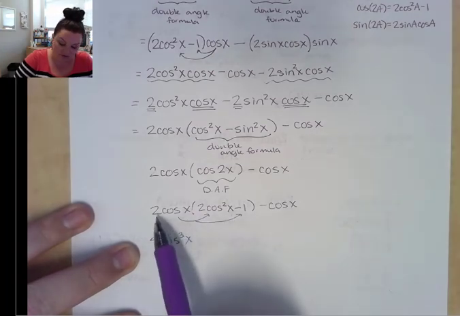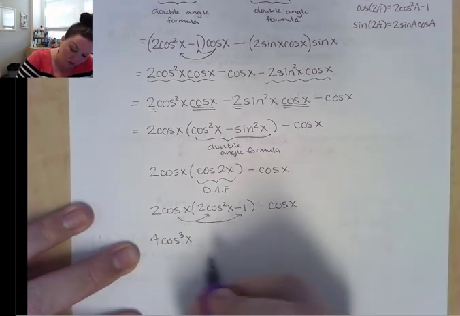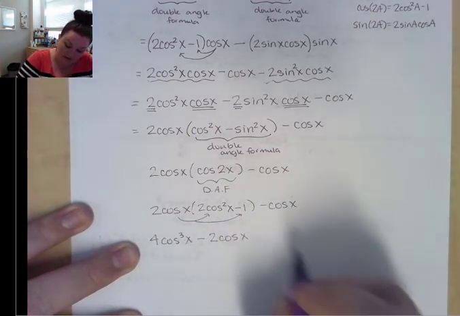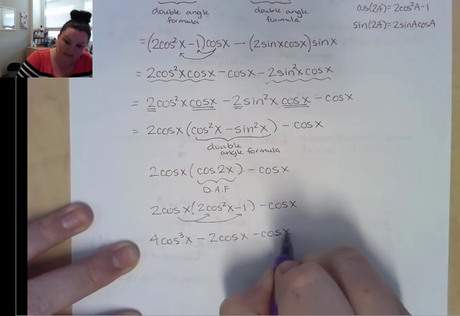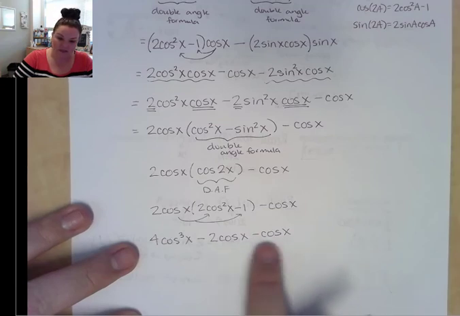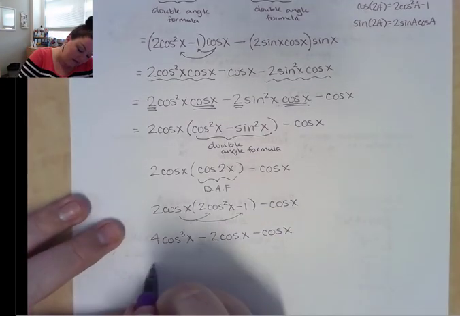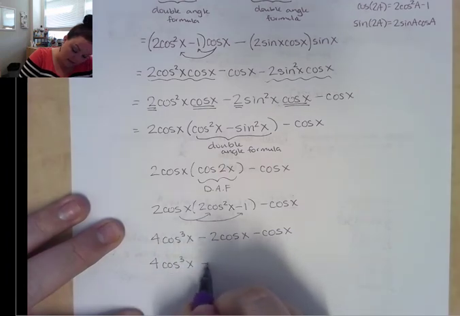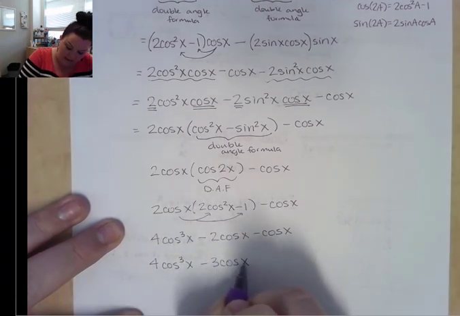And then I'm going to distribute 2 cosine x times negative 1, which is negative 2 cosine x, minus cosine x. And then I have these like terms right here, so I can combine them. This gives me 4 cosine cubed x minus 3 cosine x.